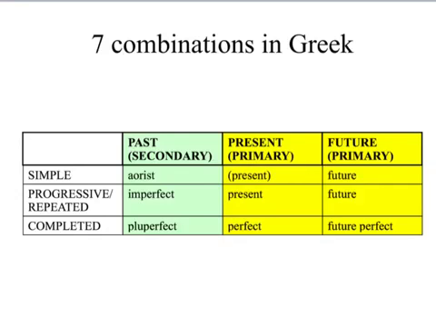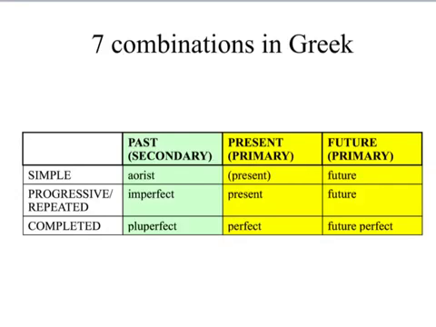The chart that you're looking at is color-coded to indicate a very important distinction that you're going to want to always remember and keep in mind, and that's the distinction that's made in Greek between past tenses, which are known as secondary tenses, and the non-past tenses, that is to say present and future, which are known as primary tenses.